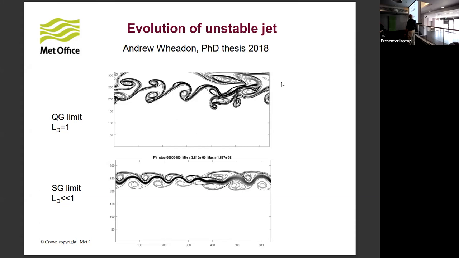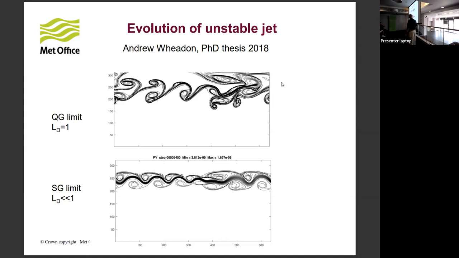So in the quasi-geostrophic limit, the radius of deformation is just 1 all the time. We take Rossby equal to Froude, both tending to 0. You take the semi-geostrophic limit, effectively it says the radius of deformation tends to 0. So the ratio of Rossby and the Froude number becomes large once you go to small Froude number.